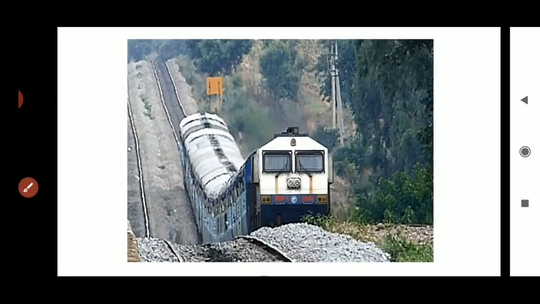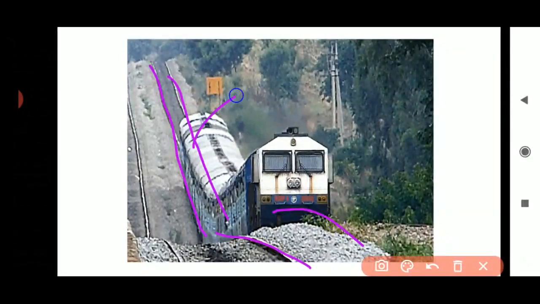Here you can see in the railway track how the falling gradient is provided.